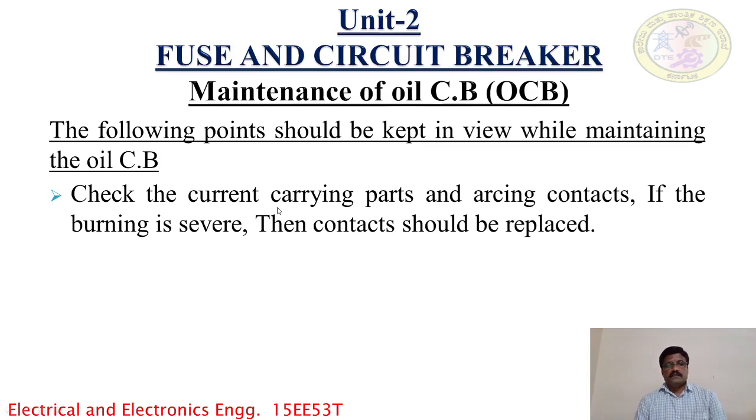Definitely, after the circuit breaker interrupts the fault current, the contacts may burn severely by arcing. Hence, the first maintenance step is to check the current carrying parts and arcing contacts. If the burning is severe, what is the remedy? The contact should be replaced.